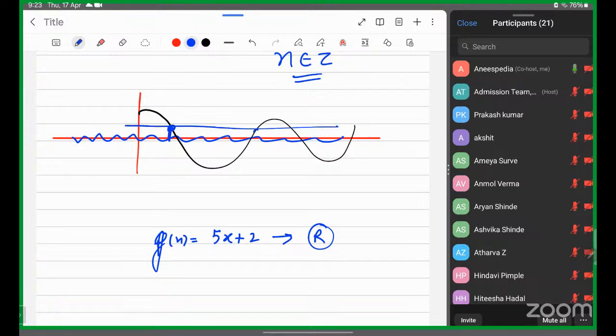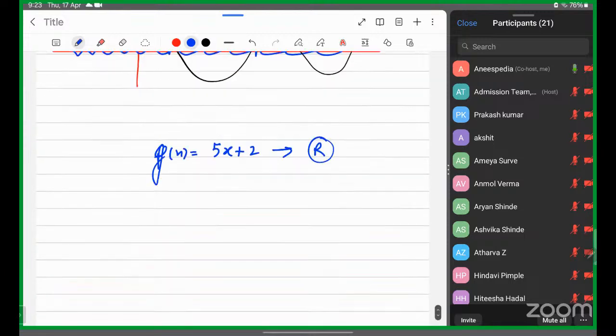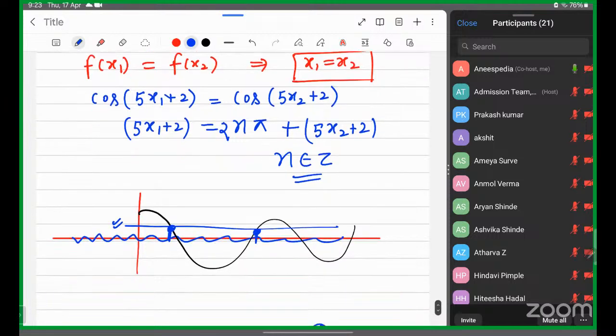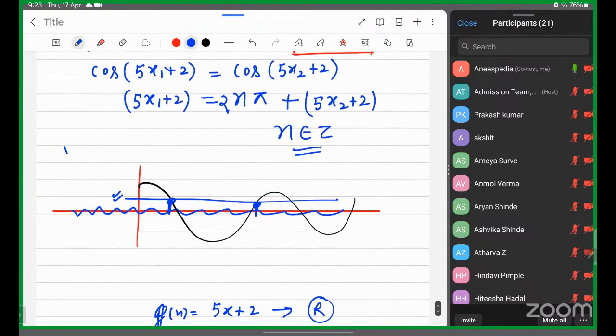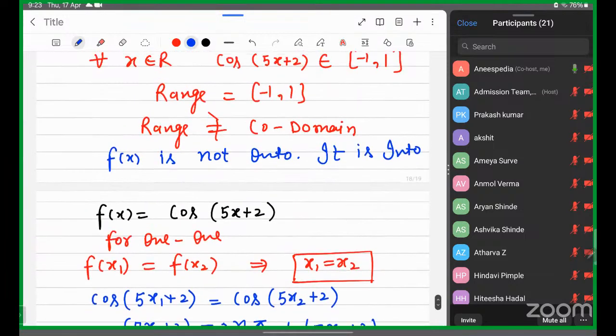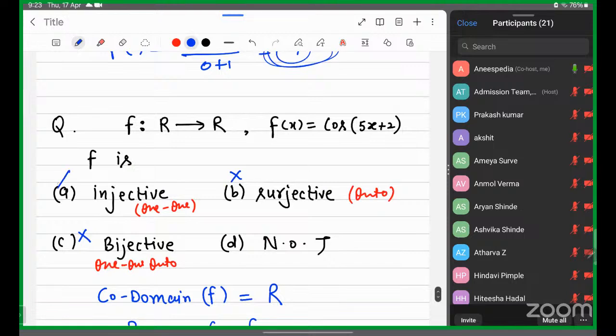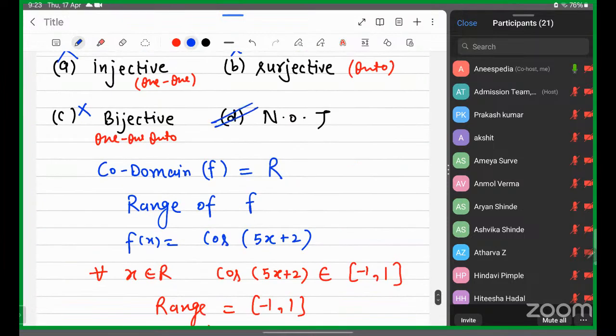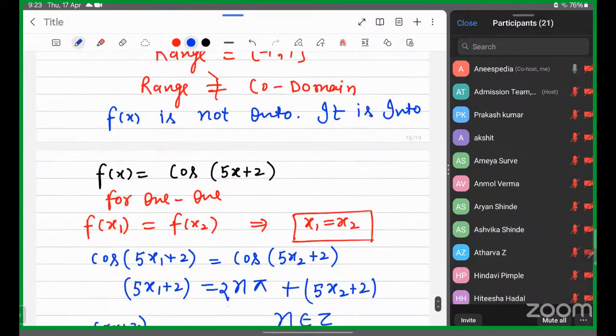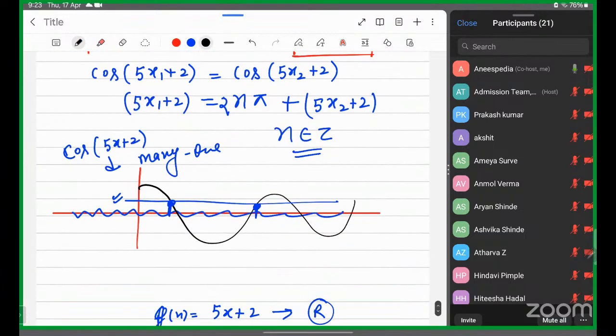This is one input, this is another input, and output will be same. So f of x, that is cos of 5x plus 2, will be many-one function. So it is not 1-1 also, which means A is also wrong. So correct option will be D. Understood or any doubt?